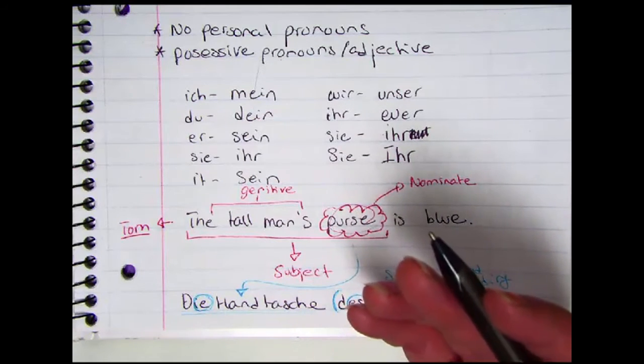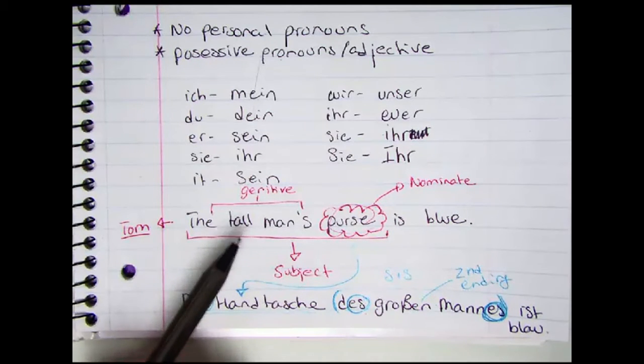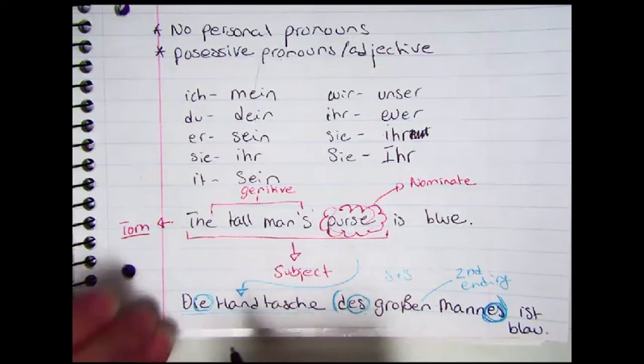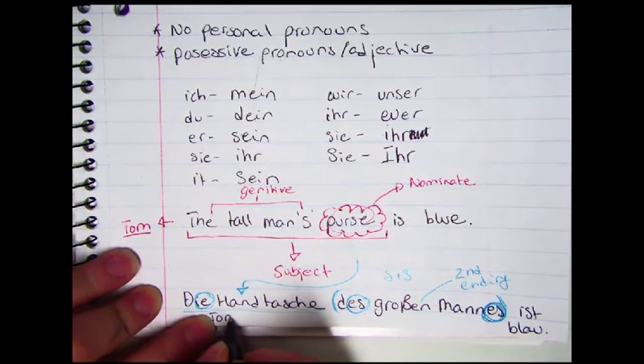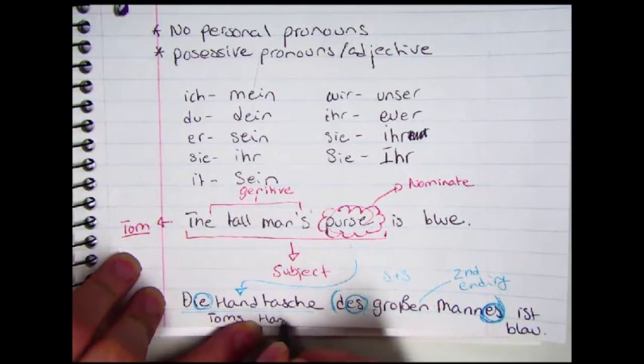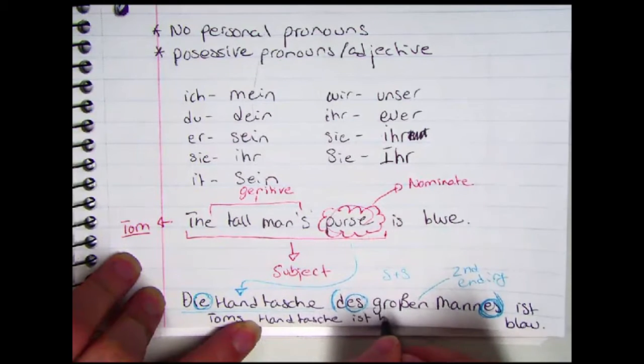If it's a person owning something, and you have a name for that person, a specific name, not the teacher, but a name, not a title, then it's going to be structured very much like this English sentence. So I would say, Tom's, notice there's no apostrophe, Handtasche ist blau.